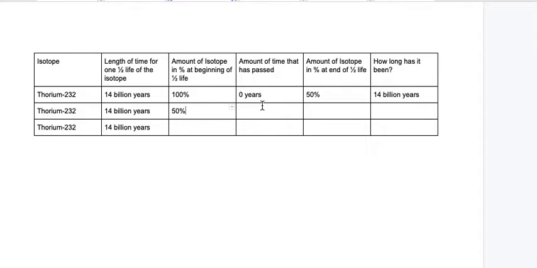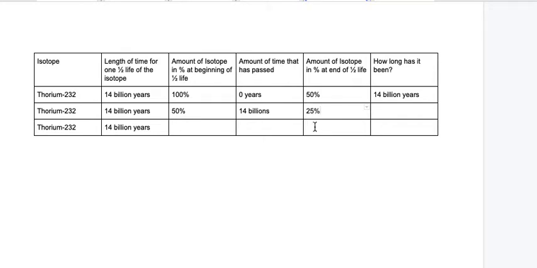So now the amount of time that has passed, we're going to bring this down, is 14 billion years. And that's why we only have 50% left. If we put this through another half-life, we're going to take this 50% and cut it in half. And half of 50% is 25%.